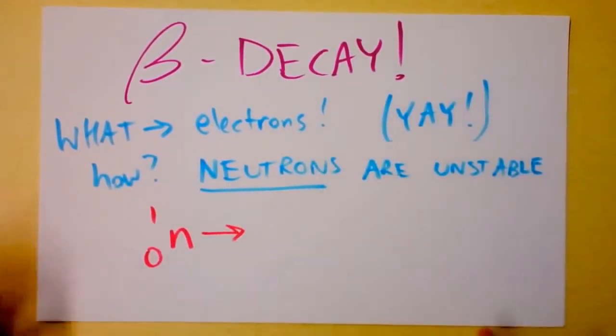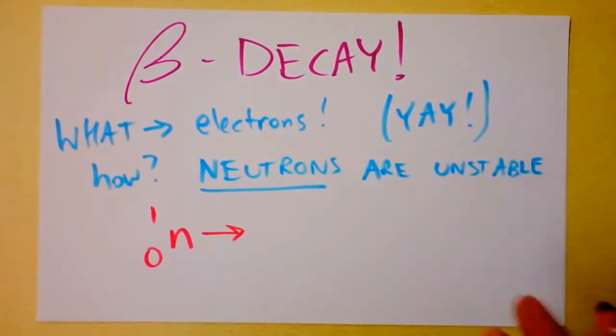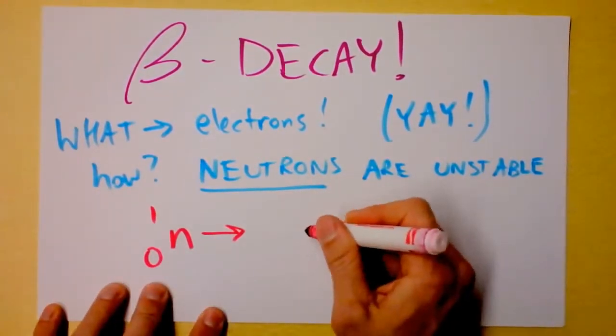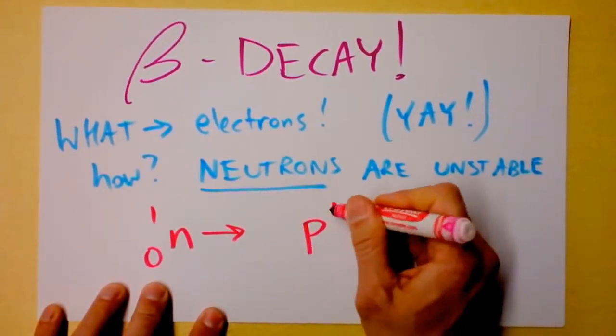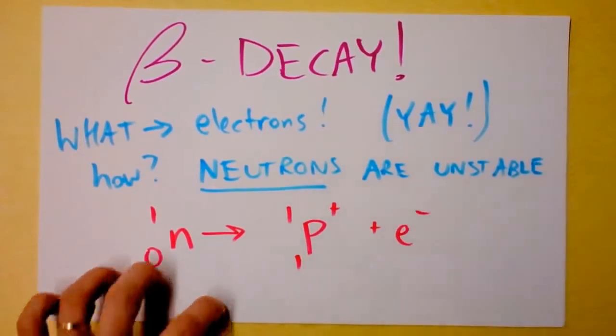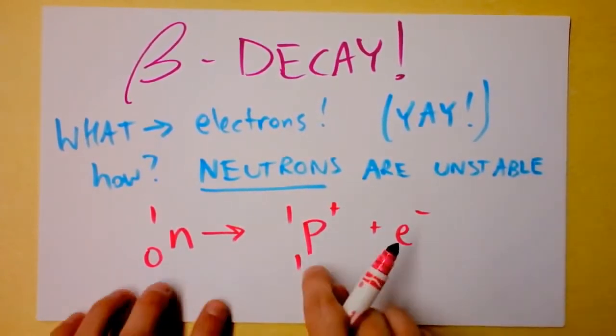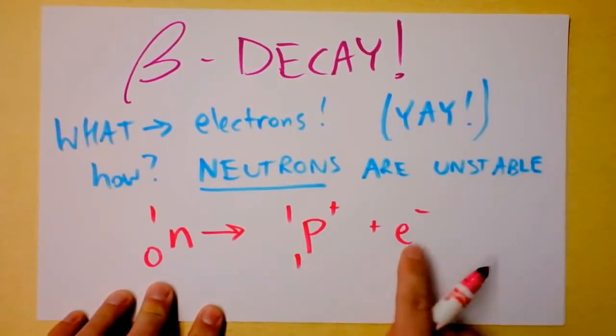You want to guess what it turns into? Well, what's the charge of a neutron? 0. So it has to turn into something that has a net charge of 0. So watch this. You're going to actually get a proton and an electron. And guess which one stays in your nucleus? It's the big fat guy, being 2,000 times more massive than that guy.